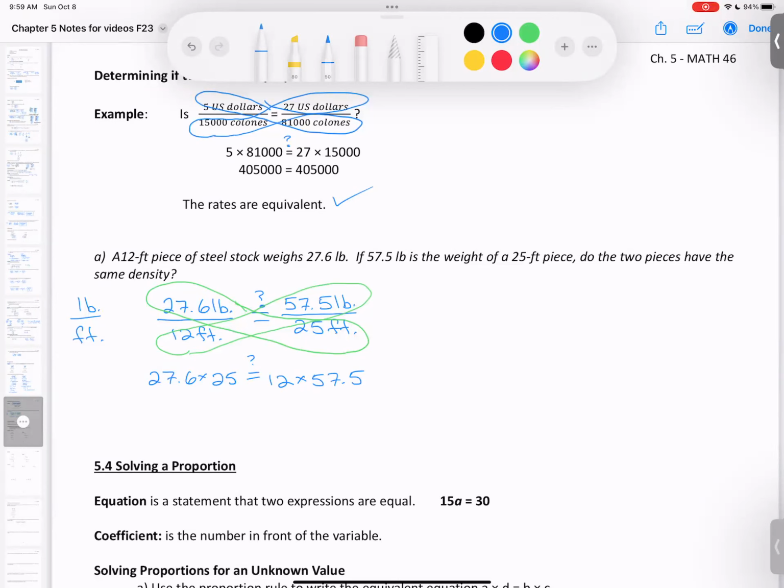So we've got 27.6 times 25, and I get 690. And what do we get on the right-hand side? 12 times 57.5. And I also get 690 there. So in this case, yes, they are proportional, which means they have the same density.